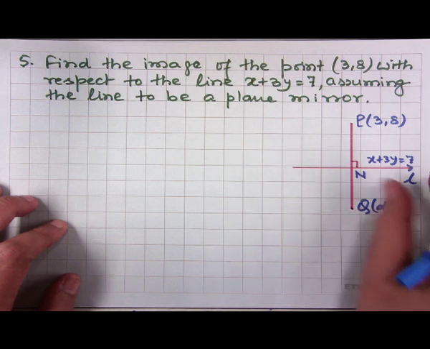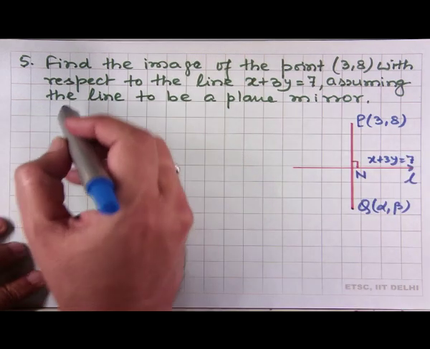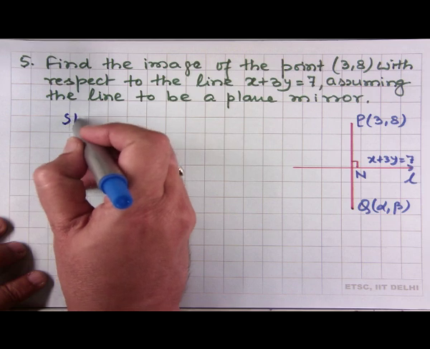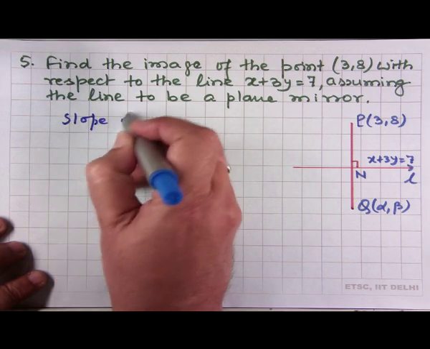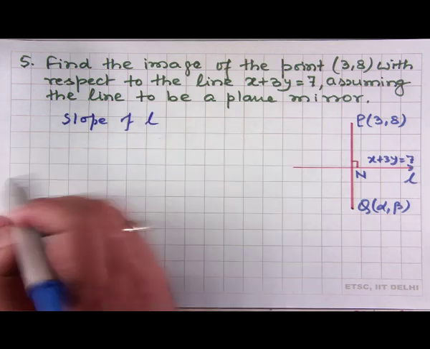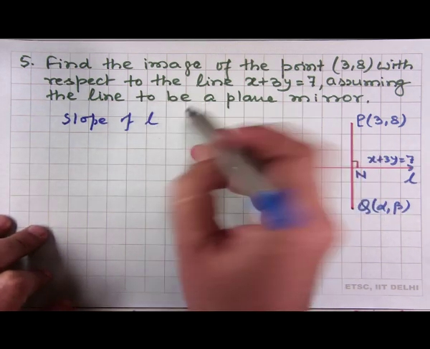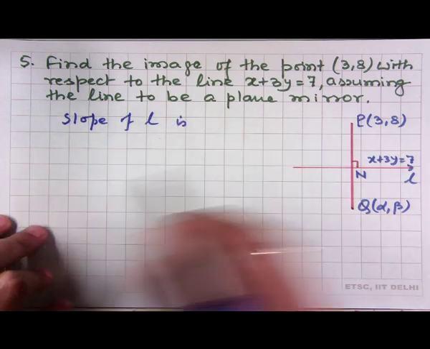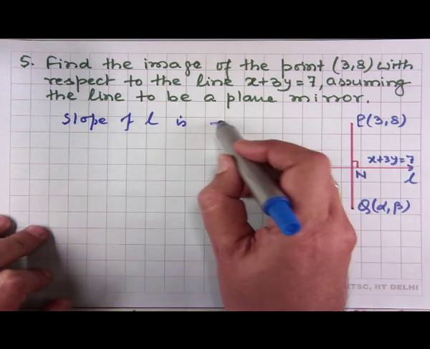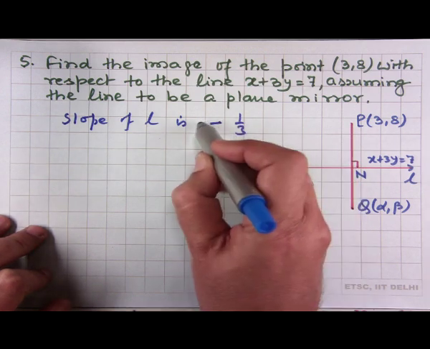So slope of L, which means the given line, is minus 1 by 3.